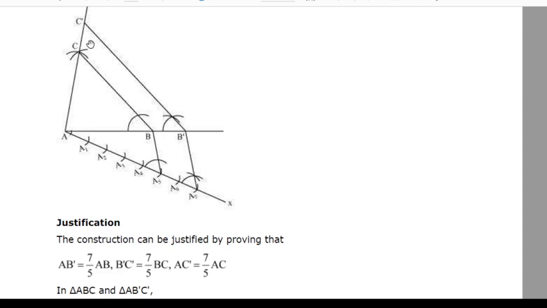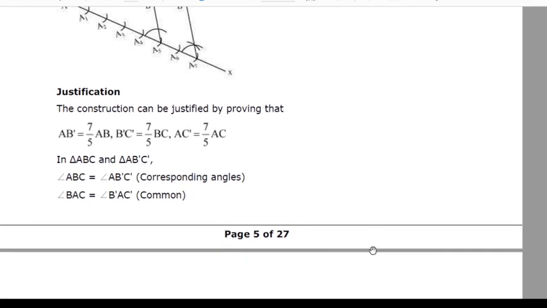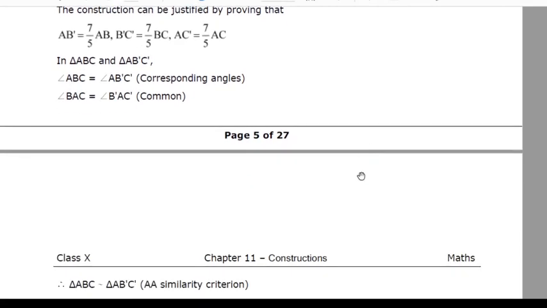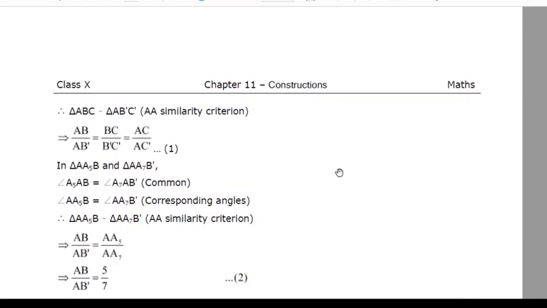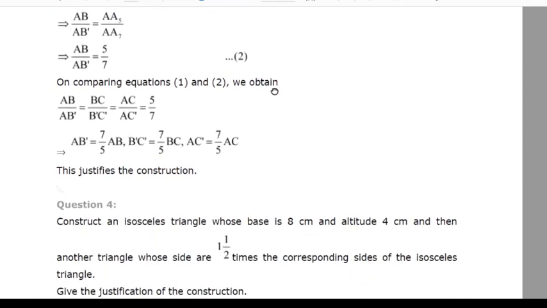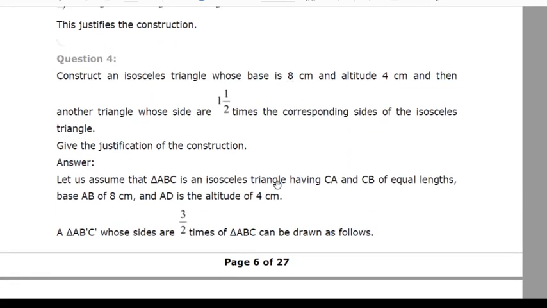Now you know that this triangle and this triangle are similar triangles, and the ratios are the same. If I say A7 upon A5, then what do you say? 7 upon 5. Similarly you apply the similarity properties, and you can prove that these triangles are similar and that this ratio is the same.